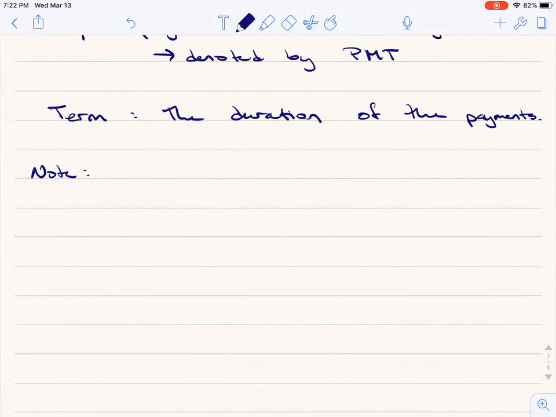I'll explain why in a little bit, but it's because we have to change our compounding frequency to match the number of payments. So really, n is still the number of compoundings. We're just making sure that they're matching the number of payments. So in our minds, it's going to be easier to think about n as the number of payments.